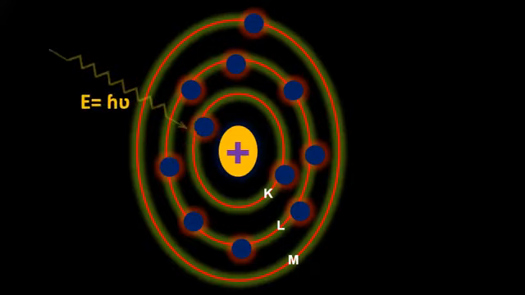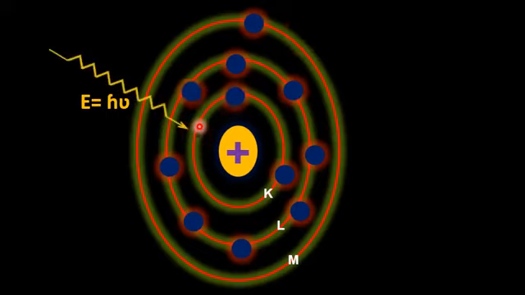So the incident electron beam falls on a core shell electron, which ejects the core shell electron from the K shell of the atom and removes it from the atom. So the vacancy is created. Now this L shell electron, which has higher energy, will jump into the vacant position of the K shell like this.